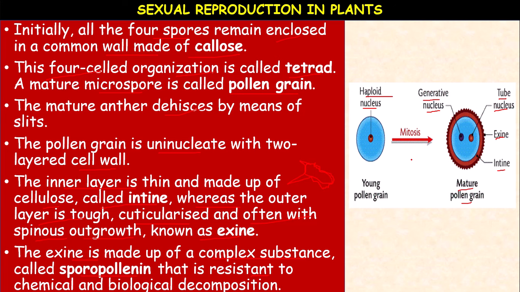The wall or covering of the pollen grain is called the sporoderm. It has 2 layers, outer exine and inner intine. The outer layer exine is thick and sculptured or smooth, and made up of sporopollenin, which is resistant to chemicals and biological decomposition.